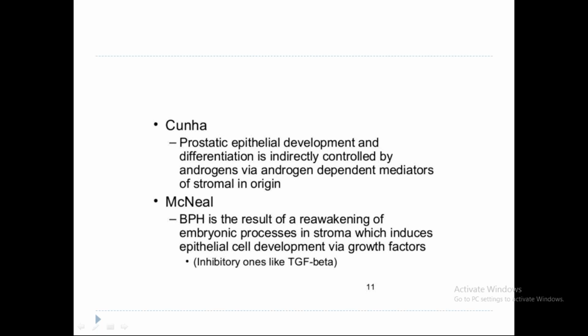I'll again repeat, prostatic epithelial development and differentiation is indirectly controlled by the androgens via androgen-dependent mediators of stromal origin. McNeal described it as BPH being the result of reawakening of embryonic processes in stroma, which induces epithelial cell development via the growth factors.